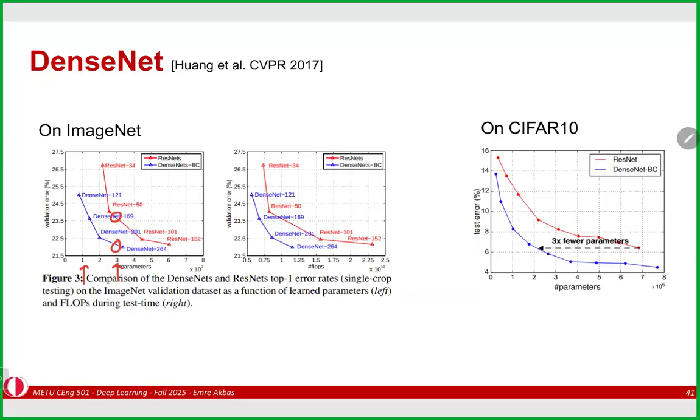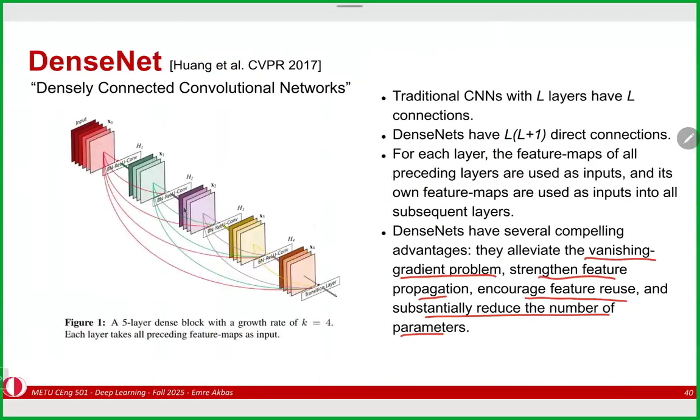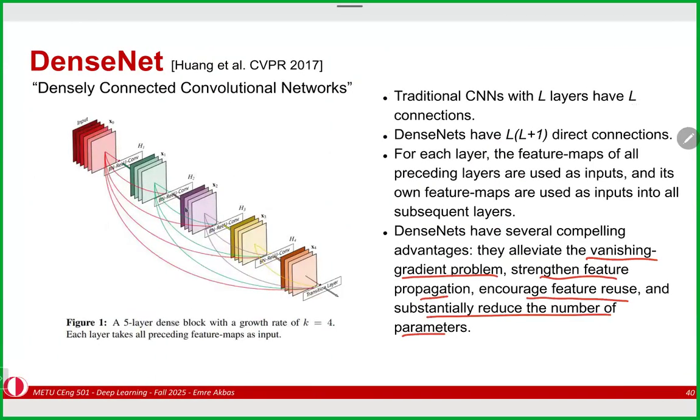But it's not being very widely used. Adoption of this network by the community is not very high, although it has all these nice properties. It must have some disadvantages that I cannot see here, but it's probably because these L-squared connections create lots of complexity.